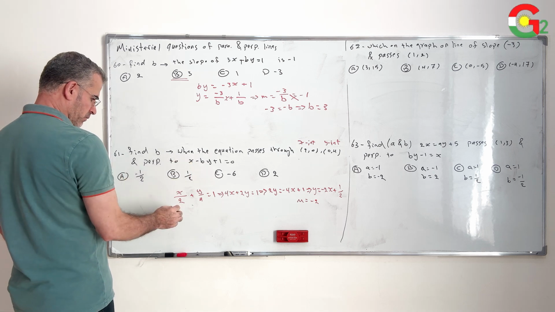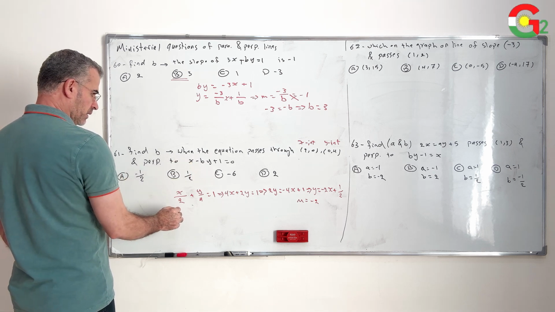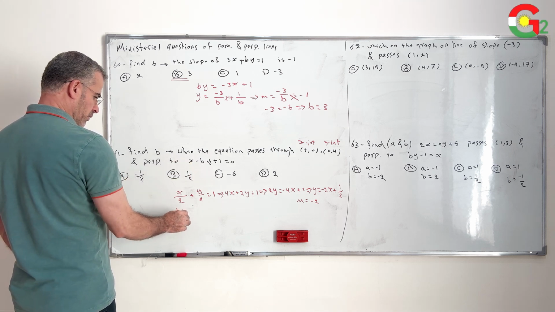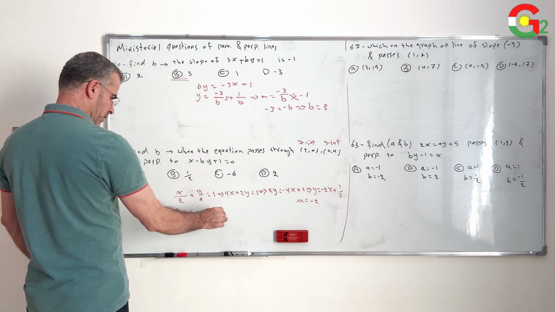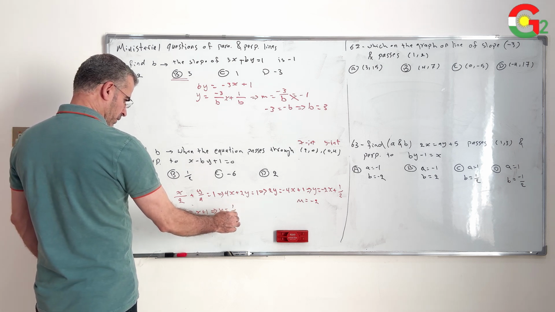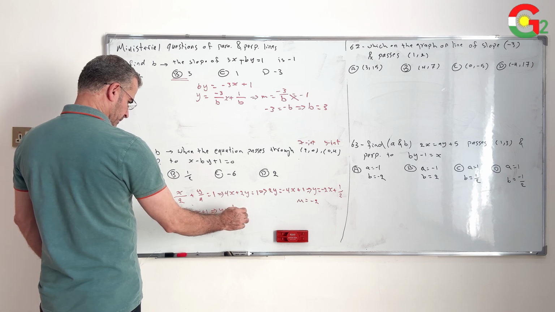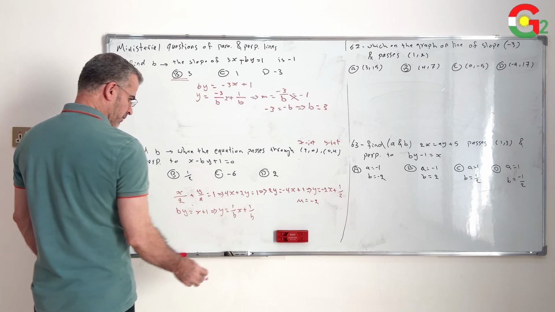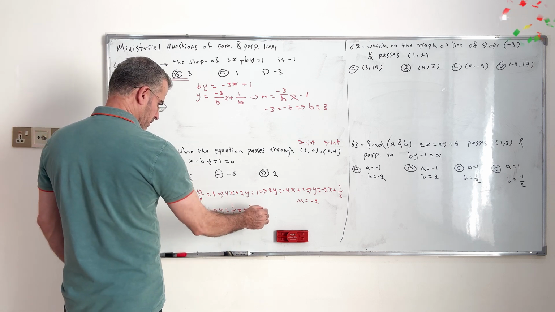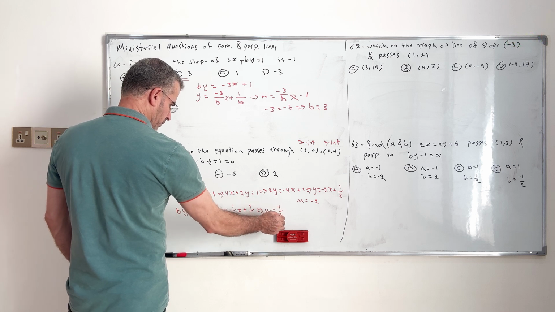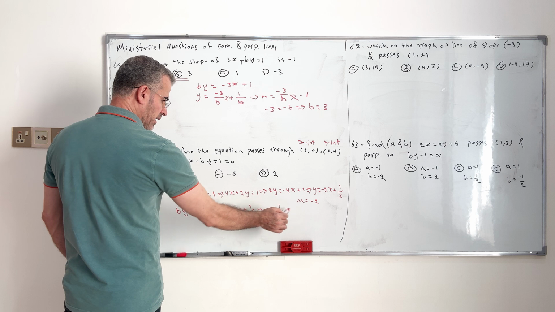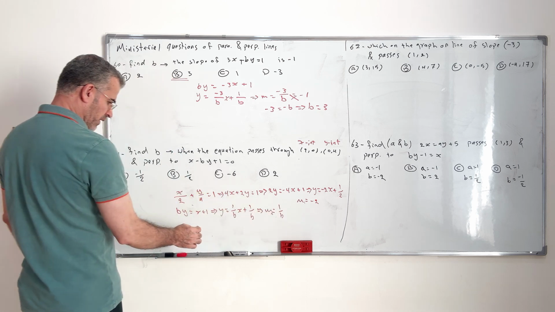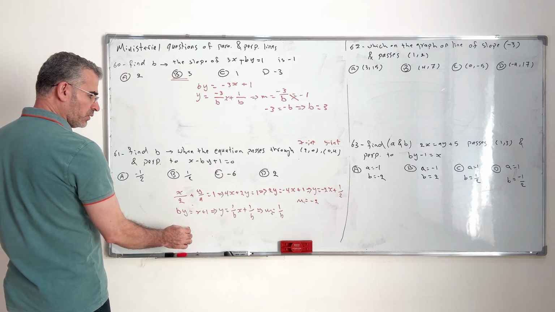Let me find the slope of this equation. Rewrite it in standard form. by equals x plus 1, then y equals 1 over b times x plus 1 over b. The slope here is 1 over b. The slope of the first line multiplied by the slope of the second line should be equal to negative 1.